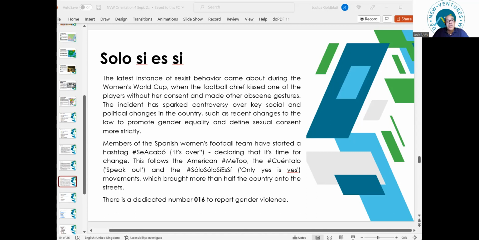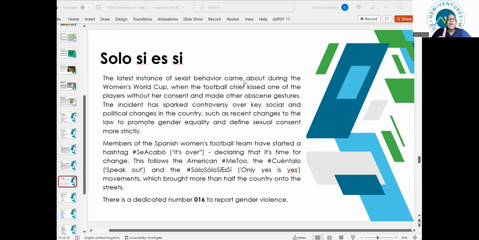And now that law says, well, she can dress however she wants and she can do whatever she likes. But if she does not say yes, then it is no. So this is the only yes is yes law. Okay, and the latest instance, if you saw, the Spanish women's football team won the World Cup a few weeks ago. And the president of the Football Association kissed one of the players in public.